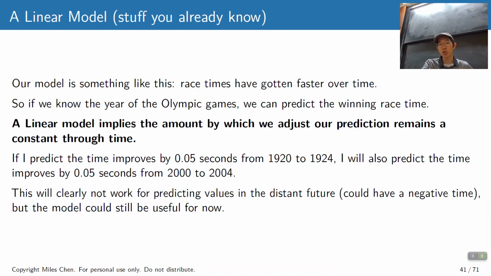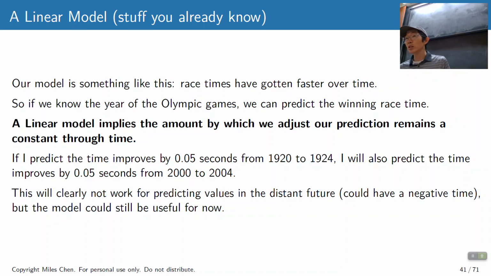A linear model is a straight line model, and that just means that how much we adjust our prediction is going to remain constant through time. So if from 1920 to 1924 the winning time improved by 0.05 seconds, then from 2000 to 2004 it's also going to improve by 0.05.